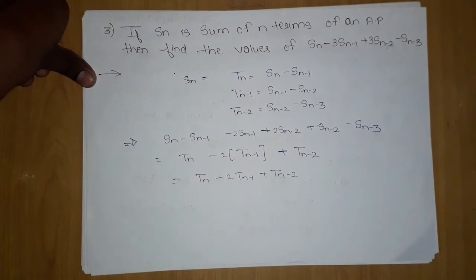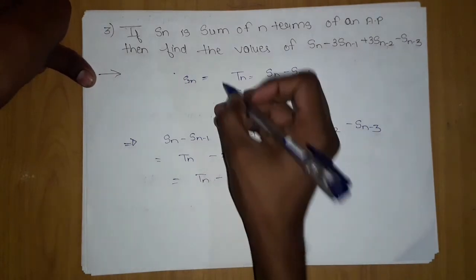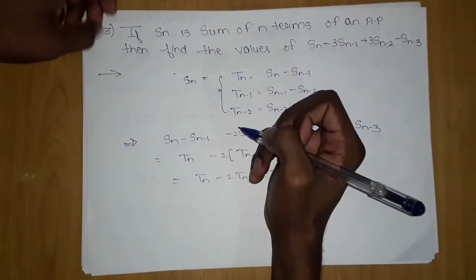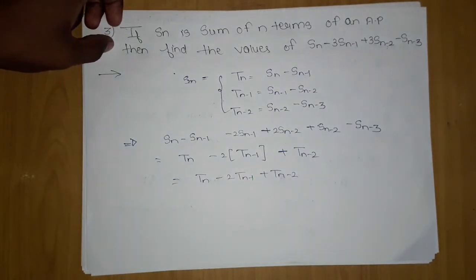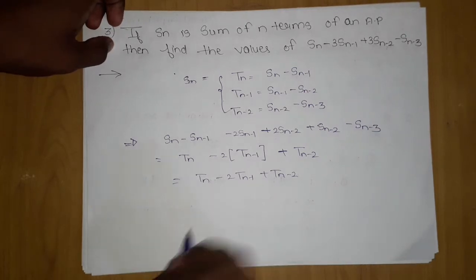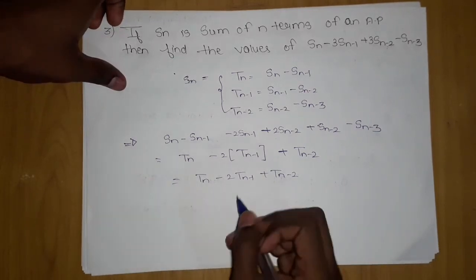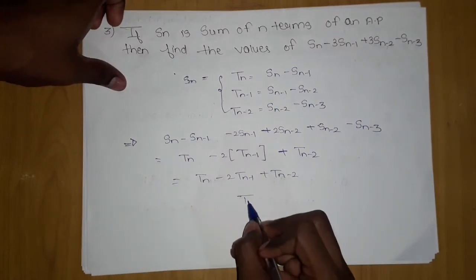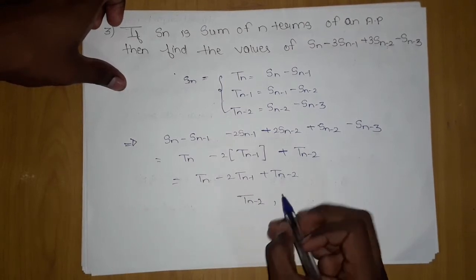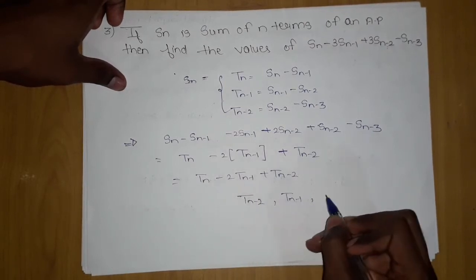Now we have three terms. If these terms are in AP, then we can get one thing. Let's place them in order. Tn minus 2 will be first, then Tn minus 1, then Tn.